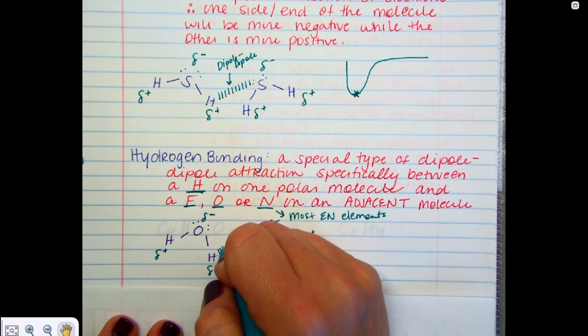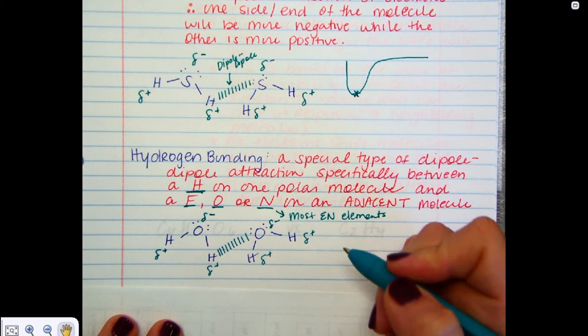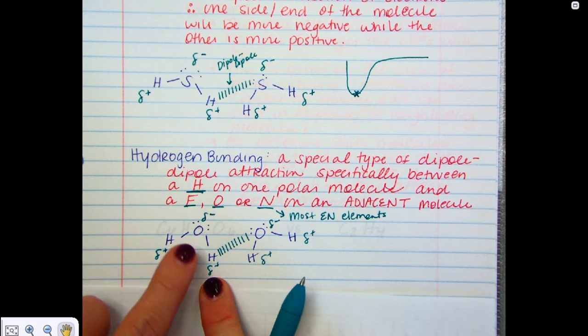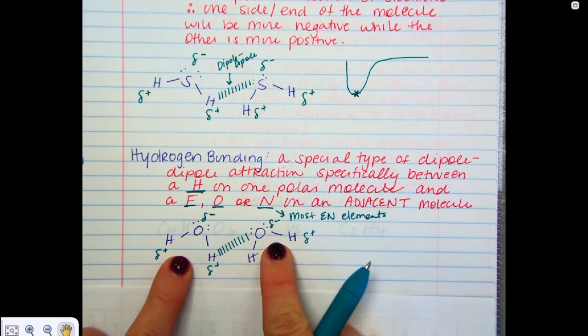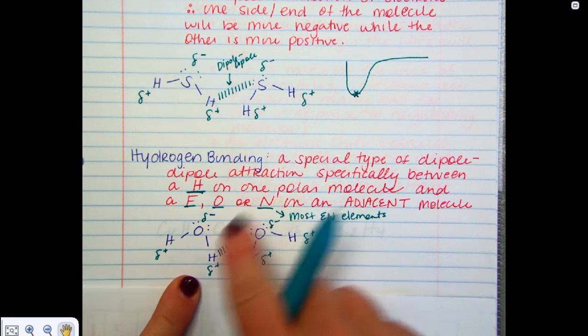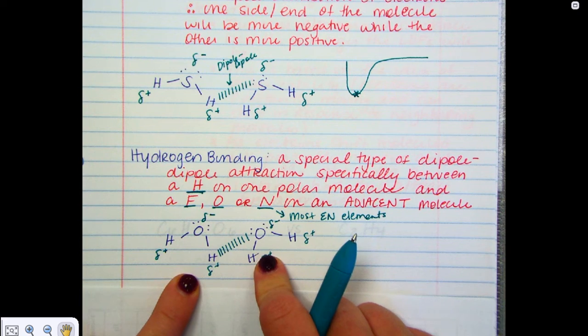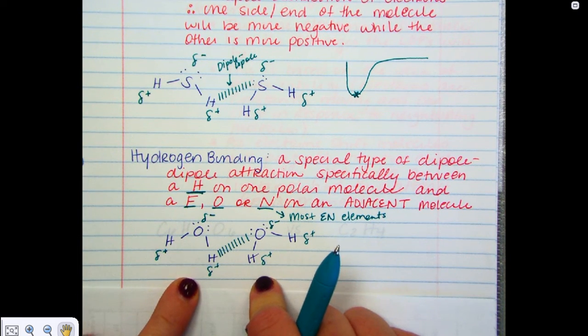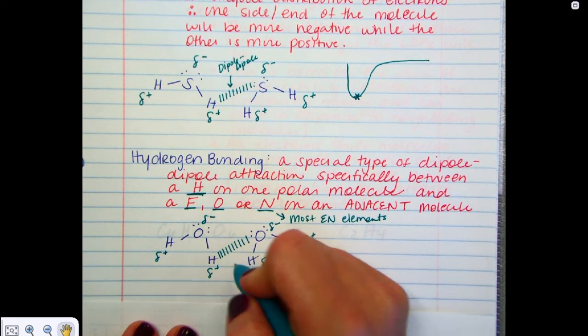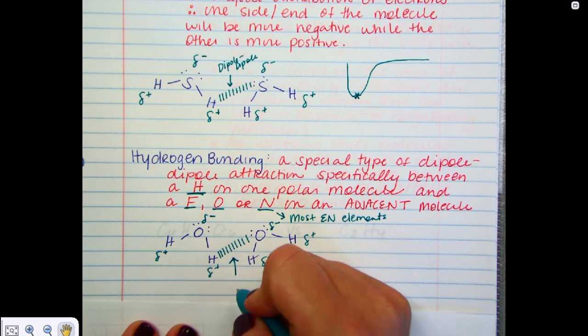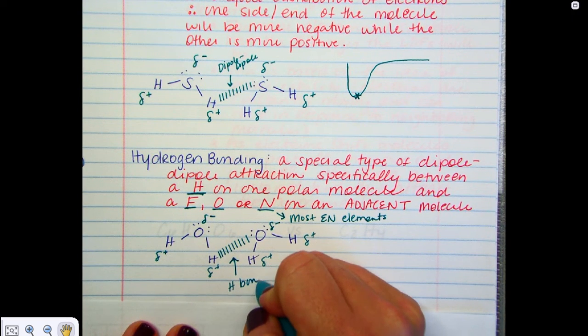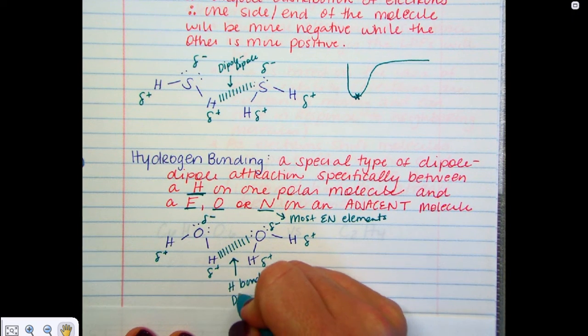So I have this attraction here between the hydrogen on water A and the oxygen on water B. And then water B could also be attracted to another water, and this one can be attracted to another water. I can have multiple hydrogen bonds forming here. And the important thing to note is not only is this a hydrogen bond, but it's also a dipole-dipole interaction.